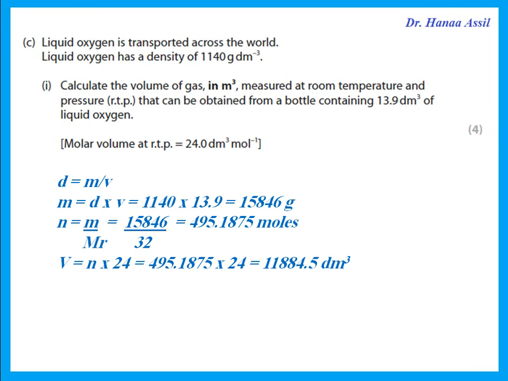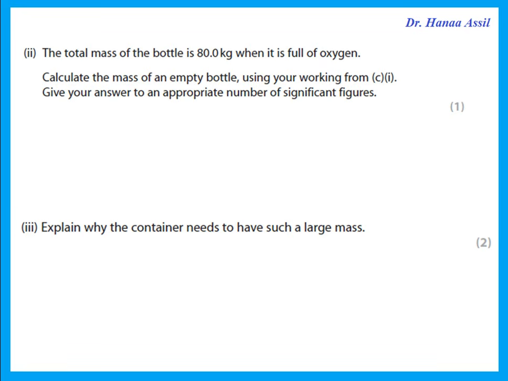So the number of moles times 24 gives me a certain number in decimeter cubed. Remember that the answer here comes out in decimeter cubed. He wants it in meter cubed, so you divide by 1,000. This is 11.88. Please be careful about the rounding up of this. If you're going to write it to 1 decimal place, this is 11.9, not 11.8.